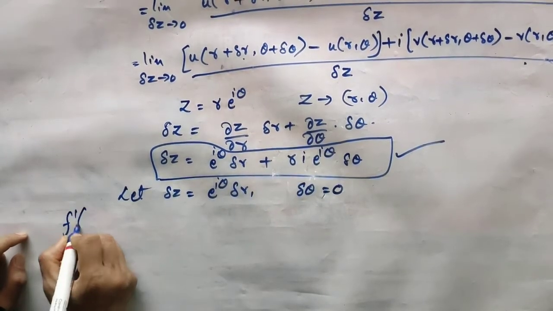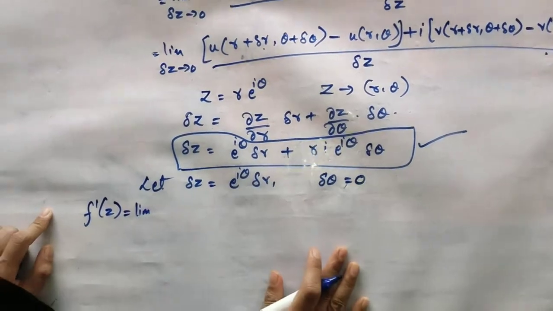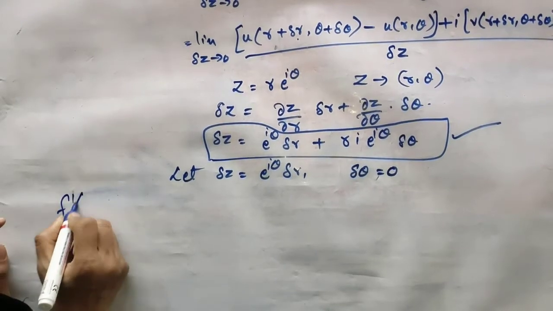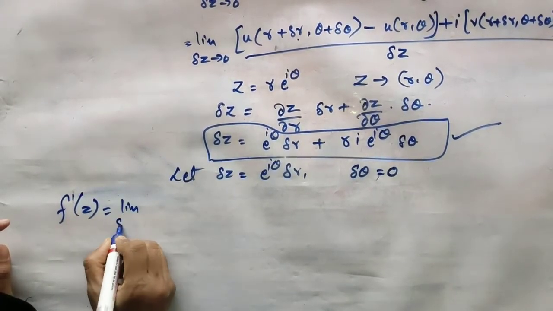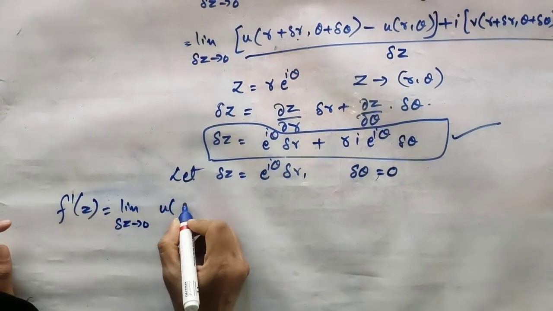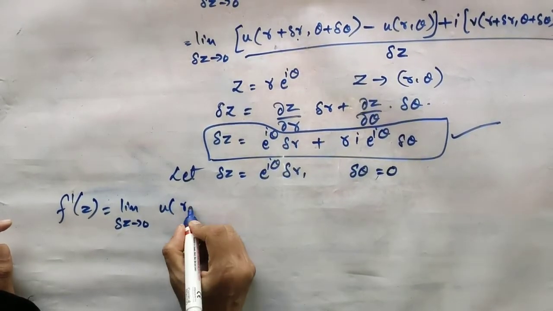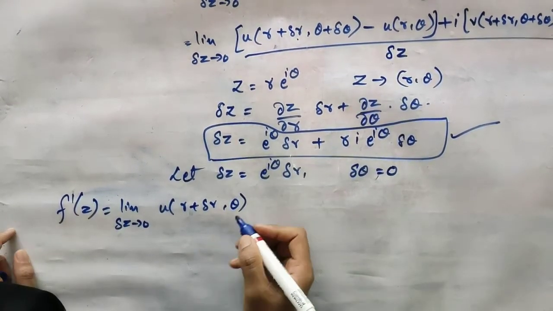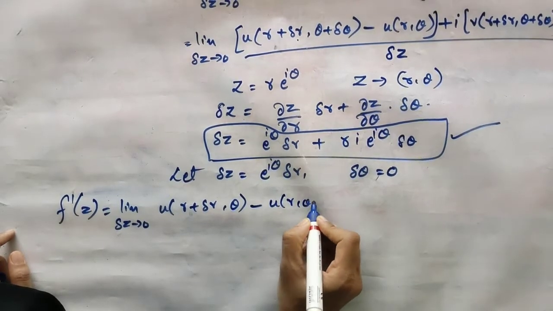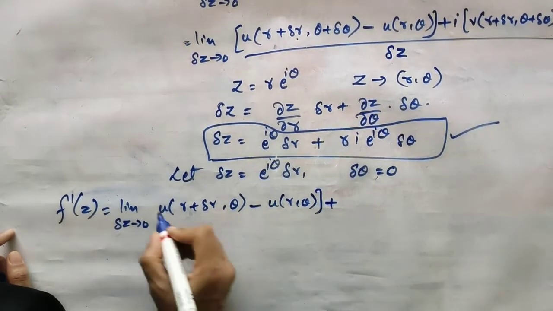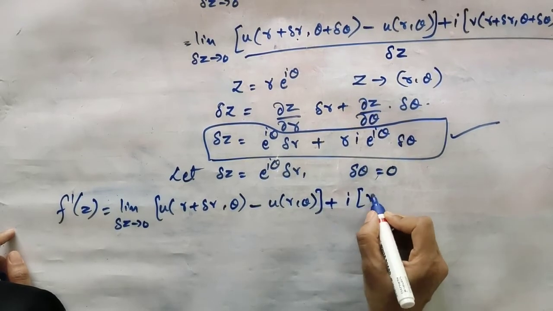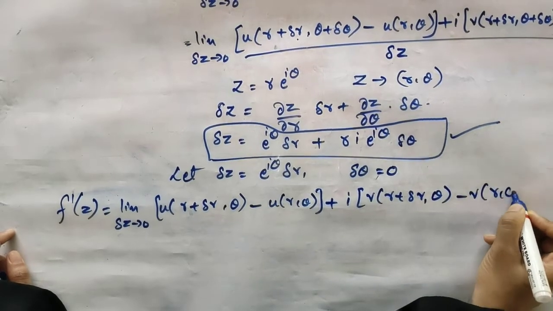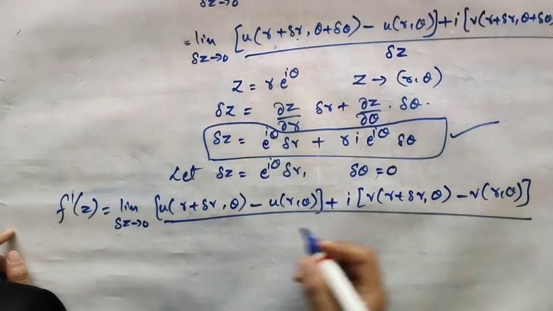So f dash of z is equal to limit as delta z tending to 0 of u of r plus delta r comma theta, because there is no change in theta, delta theta is 0, minus u of r theta, plus I into the imaginary part, divided by delta z.